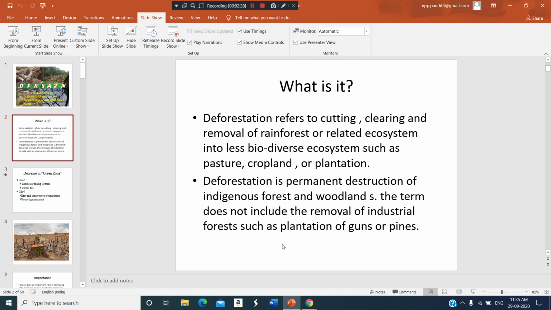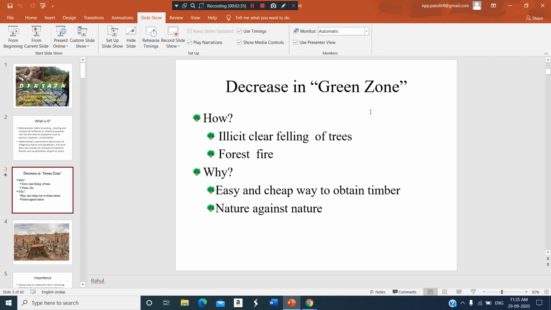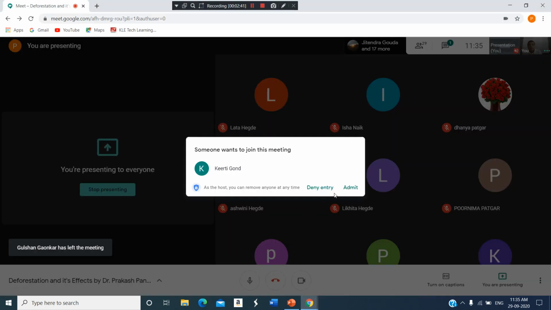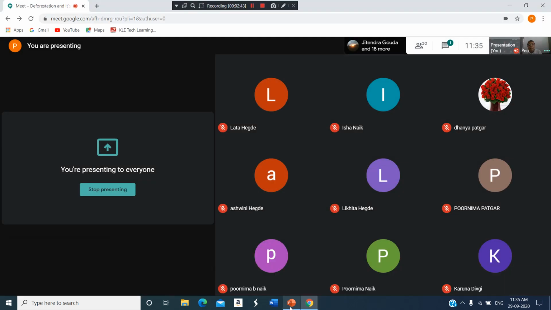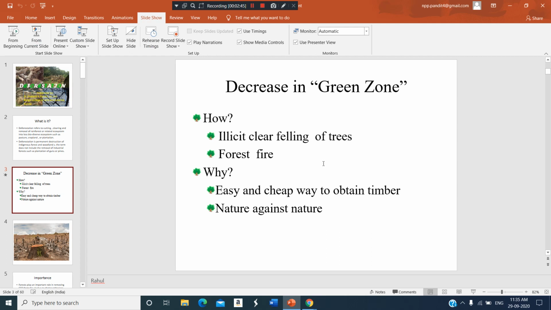That is what we call deforestation. What is the impact? First, this results in green zone reduction.